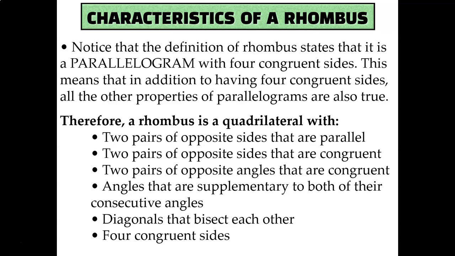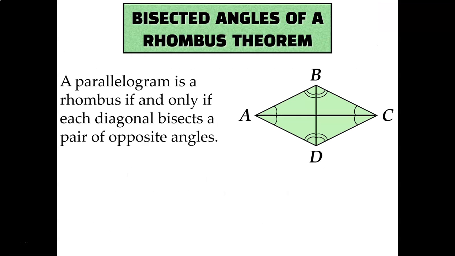And then there's also 2 interesting things that are also true about rhombuses in particular. One of which is the fact that their diagonals bisect each pair of opposite angles. So we already knew that the diagonals cut each other in half, but now we're learning that if it's a rhombus, then the diagonal cuts each angle in half.